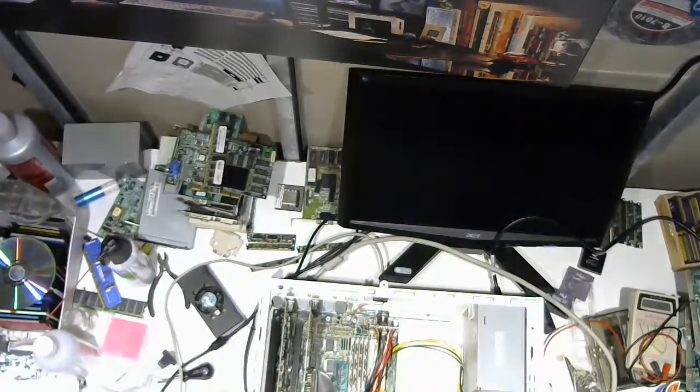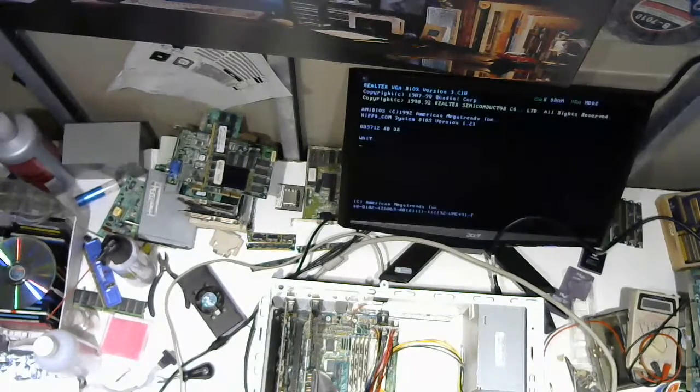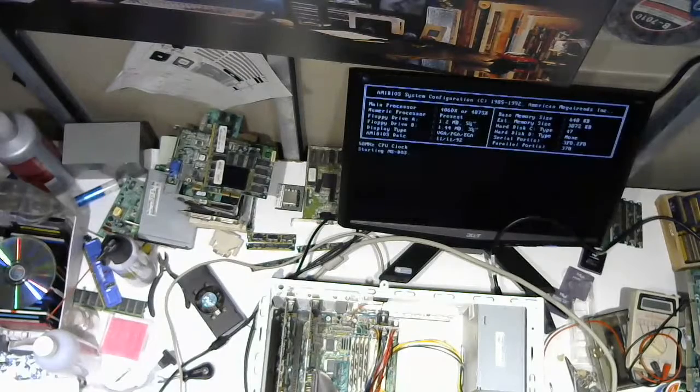It worked on the CRT. There we are. Okay. So, nothing fancy. 4 megs of RAM, 50 megahertz DX2, 256K video card.